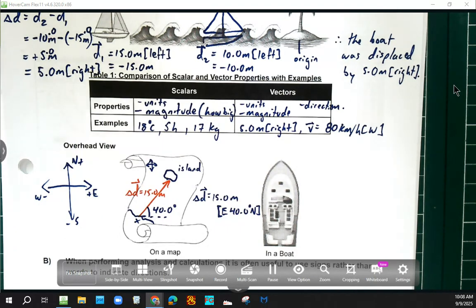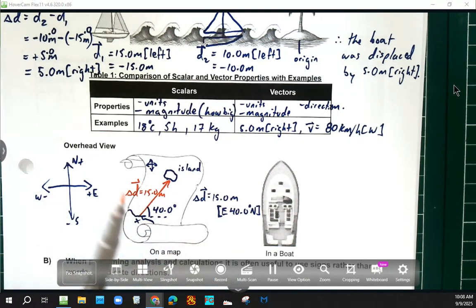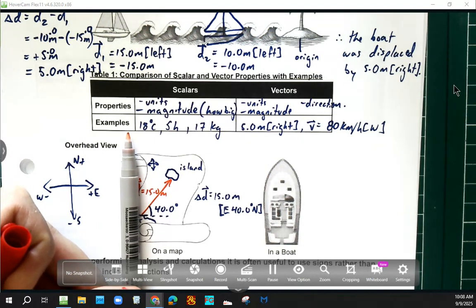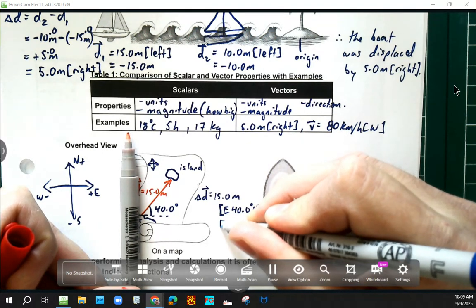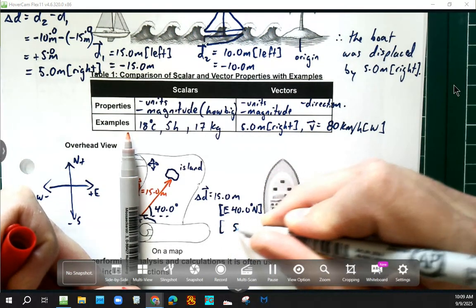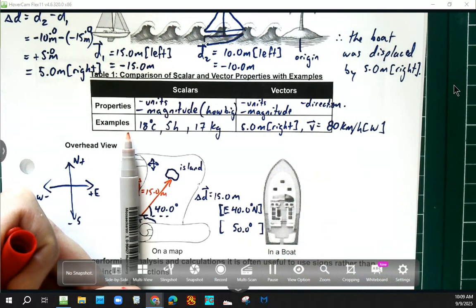And some people will say, well, wait a minute, what if you didn't measure it relative to the east? What if you measured it relative to the north? Anybody want to guess how many degrees away that vector is from the north? 50. Yeah, 50. Now, I can't say east 50 degrees north. I can write the 50 in the middle. How should I write this?